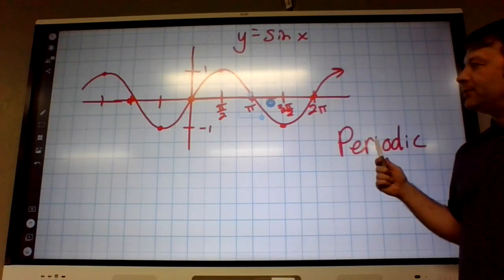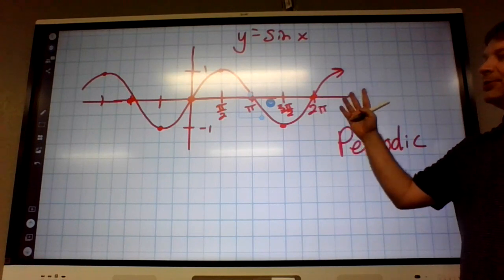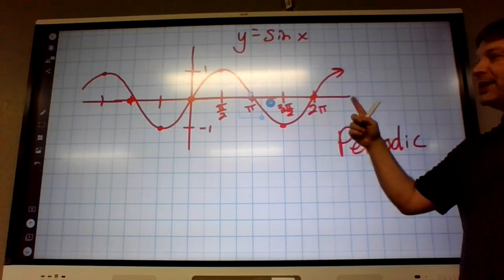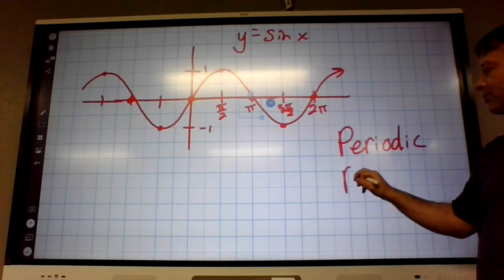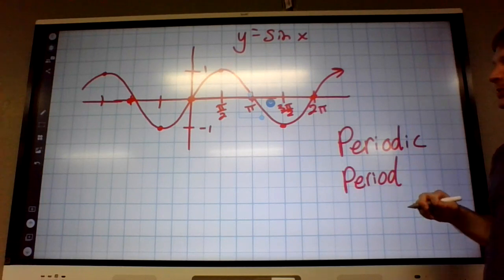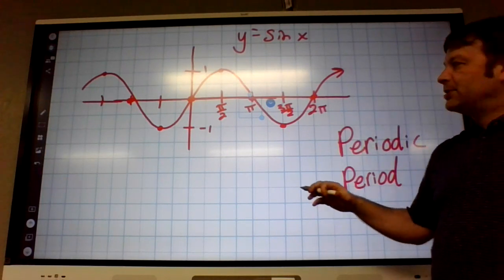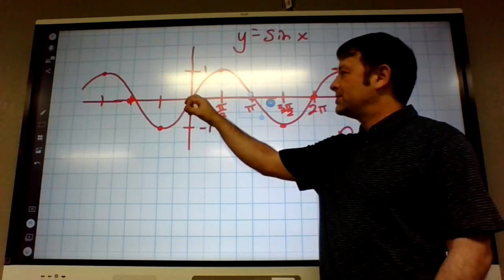So a periodic function is a function that starts repeating itself over time. That would be our functions today. Sine and cosine are periodic functions. If they ask what the period is, that means how long before it starts repeating itself. On this function, notice right here at 0, it's at 0.